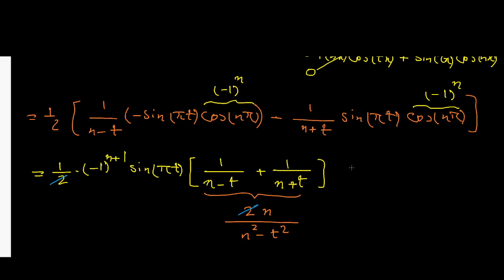And finally, we get negative 1 to the n plus 1 times n times sine of pi t all over n squared minus t squared. Finally, it matches the answer I got here: negative 1 to the n plus 1 and sine of pi t over n squared minus t squared.